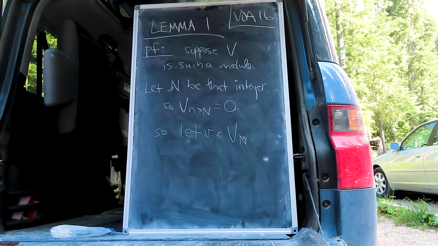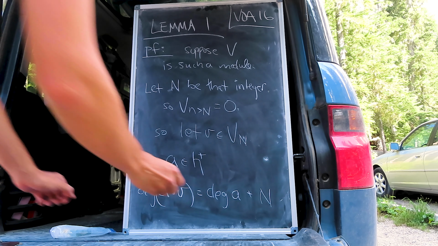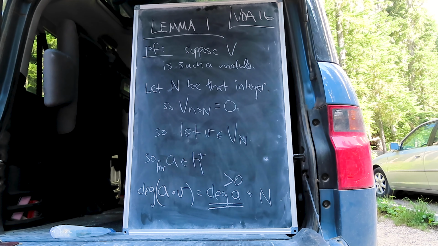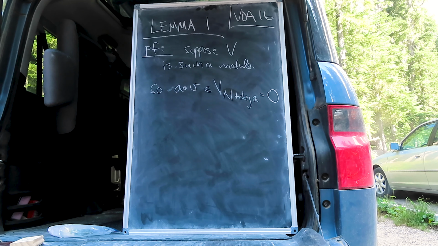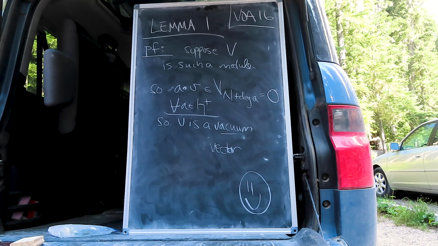So, consider some vector v in that space V sub n. For any operator A from H+, the degree of A acting on v is necessarily greater than n, because all elements of H+ have positive graded dimension. Thus, A on v must belong to the trivial vector space, and therefore must vanish. So, v is a vacuum vector, and we're done.